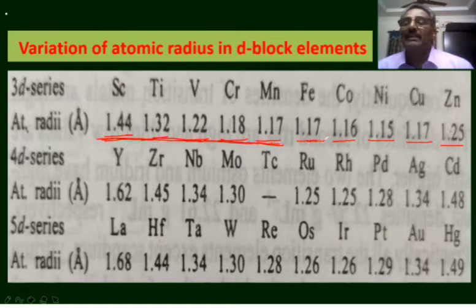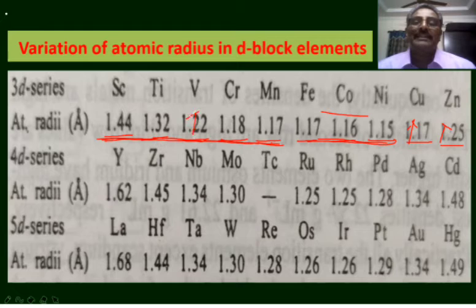And iron, cobalt and nickel are almost similar, 1.17, 1.16 and 1.15. There is a small decrease here only, but after nickel there is an increase in the atomic radius in the case of copper and zinc. Again the atomic radii increased in these two cases. Here there is almost normal decrease in the atomic radius in these elements. What is the reason for this?